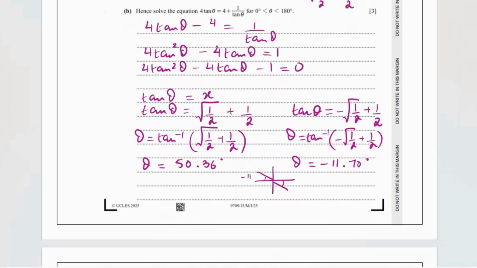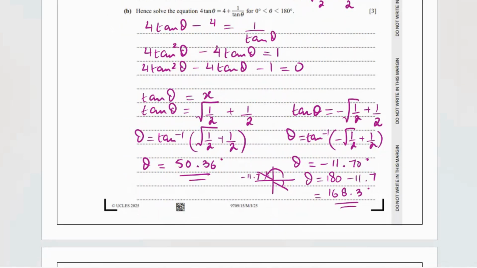So negative 11.7 over here, we want this value. So it's going to be 180 minus 11.7, and that gives us 168.3 degrees. So these are your two values of theta based on the given range.